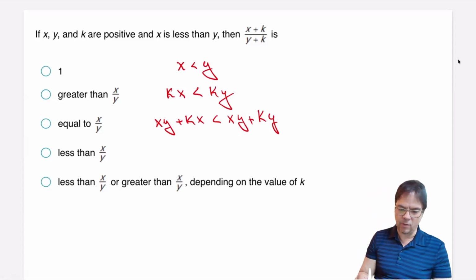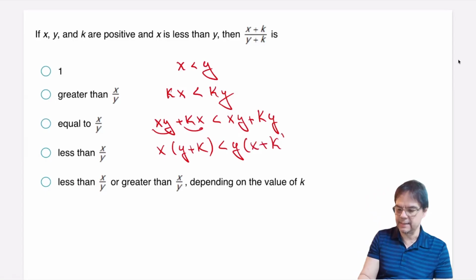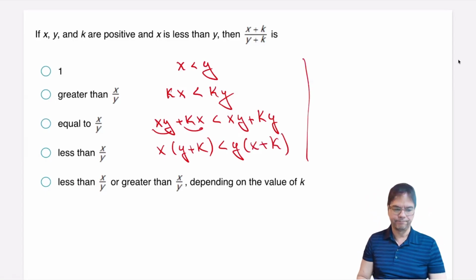Now I have X here and X here, I will factor out. I will have Y plus K on one side, and now I have Y factored out here, X plus K.